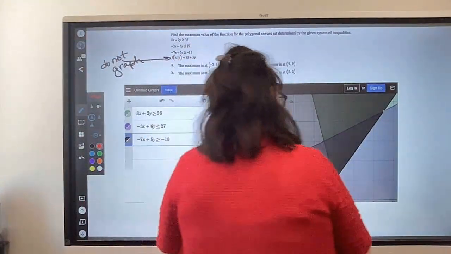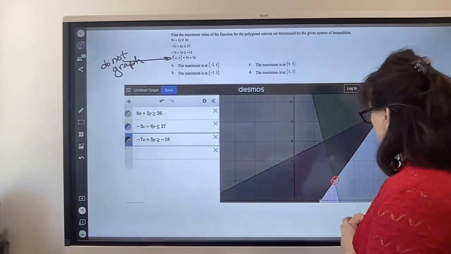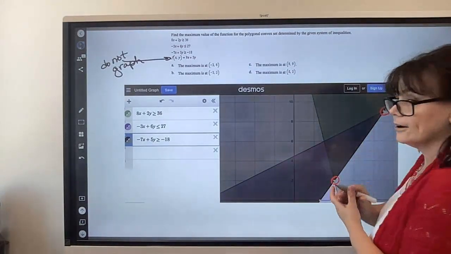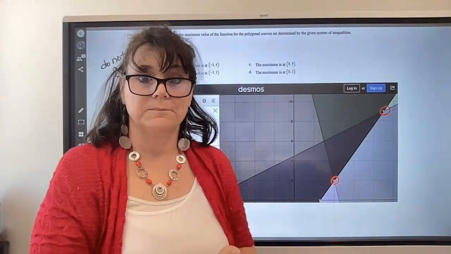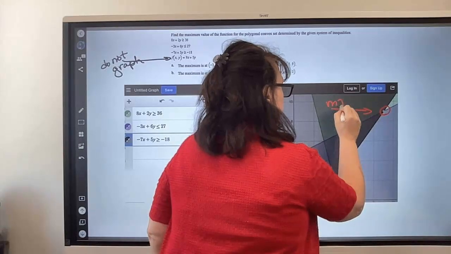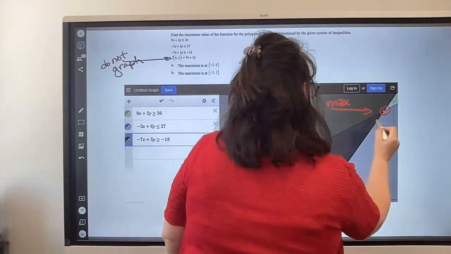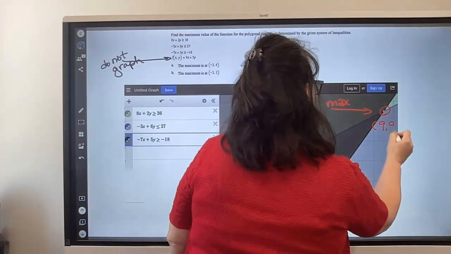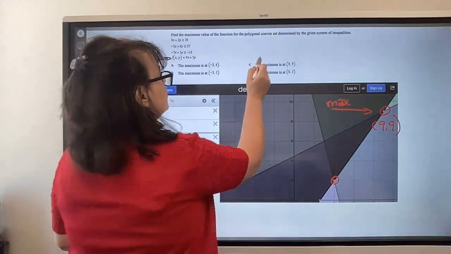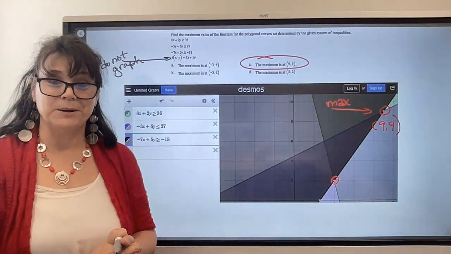So if we go over here, we notice that down here, they are all intersecting, and also over here, they are all intersecting. So this would be our maximum point, and that point actually ends up being 9, 9. So we see that C would be our answer for this problem.